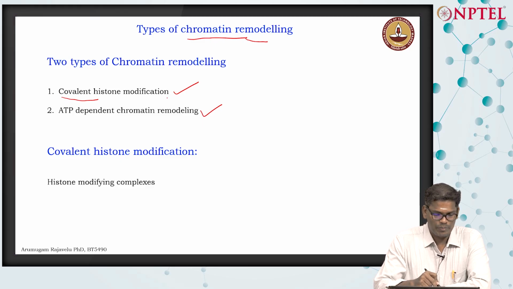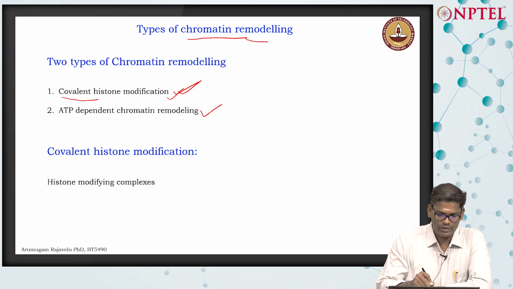Histone modification-dependent chromatin remodeling can happen without the remodeler. The second one, ATP-dependent chromatin remodeling, does not always require epigenetic modifications, but there is a strong interplay between it and epigenetic modifications.